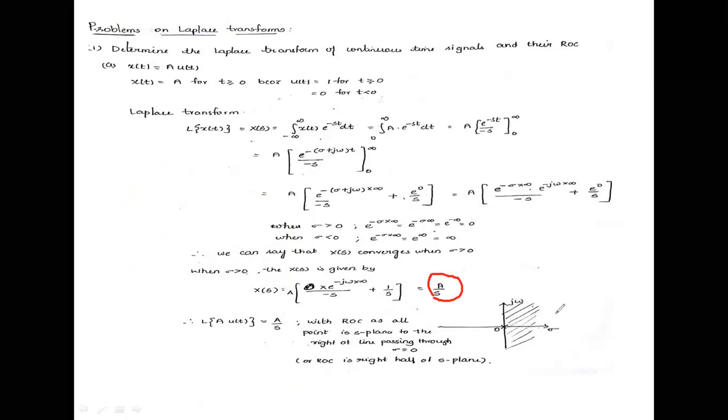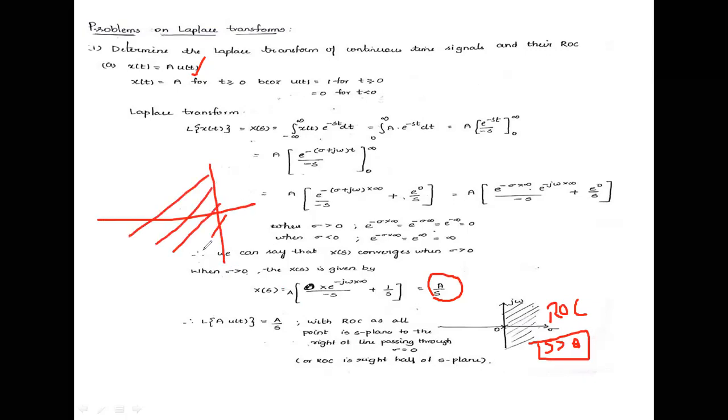This total region is the ROC, and real part of s is greater than 0. The right half of the S-plane is the ROC for the given mu of t. If it is mu of minus t, the ROC is the left half of the S-plane. Okay, my dear students.